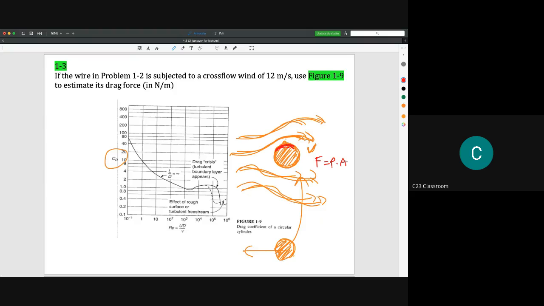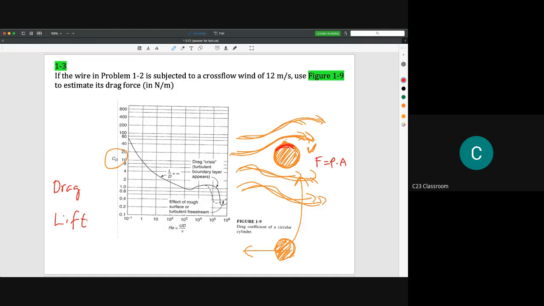In a moving fluid, the common forces that you need to know are the drag force and the lift force. These are the common forces that come out when you have a fluid flowing at a certain speed.